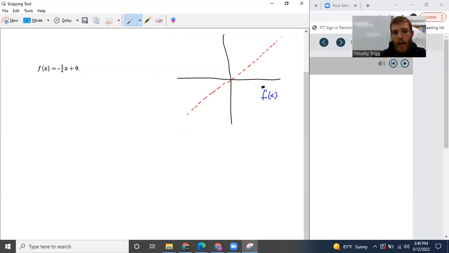And this line is the line y equals x. So if you have a point on your original function, then if you reflect across the line y equals x, you'll actually get a point on the inverse function, f inverse of x.